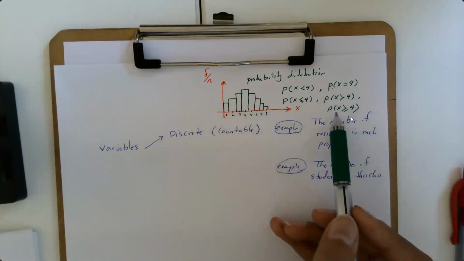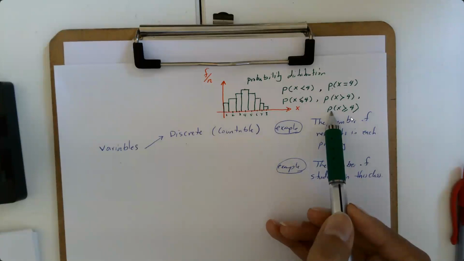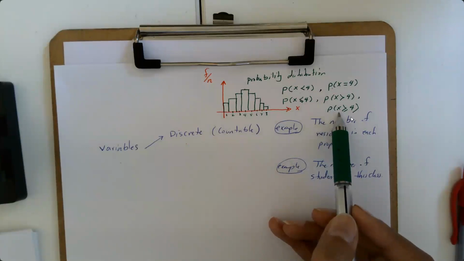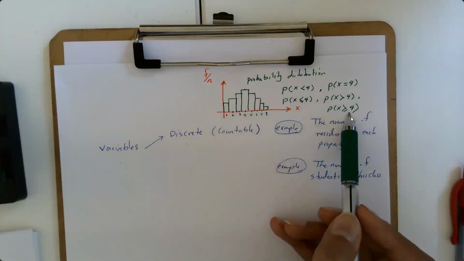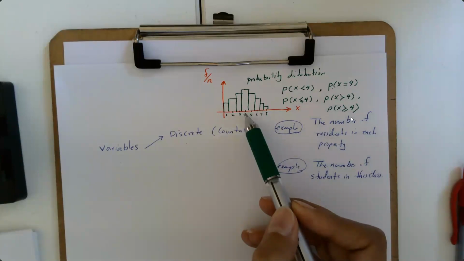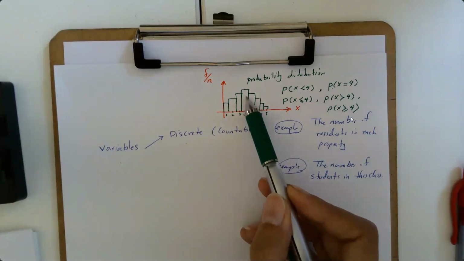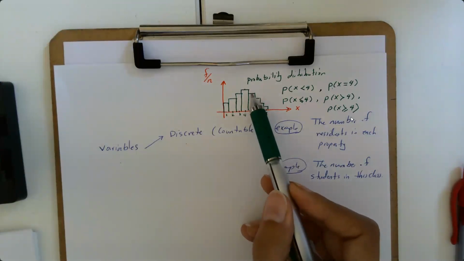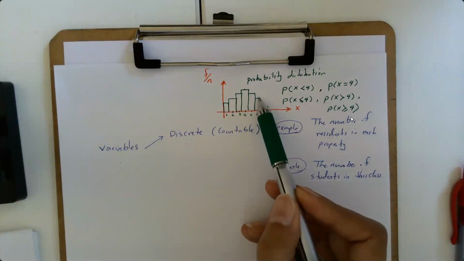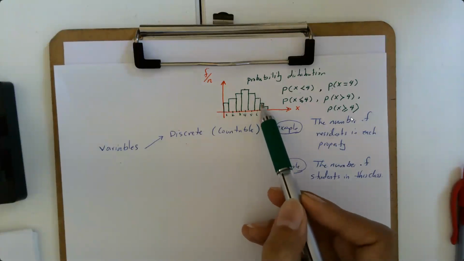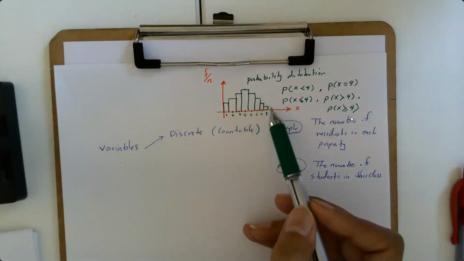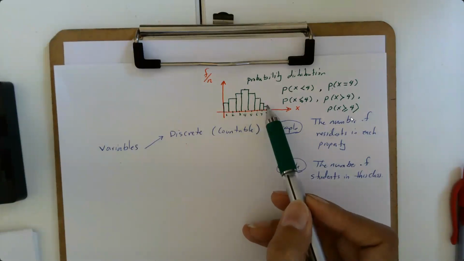If it says the probability that x is larger than or equal to 4, it means that in this case we have to include 4 as well. We need to find the probability that x is 4 plus the probability that x is 5 plus the probability that x is 6 plus the probability that x is 7 plus the probability that x is 8.